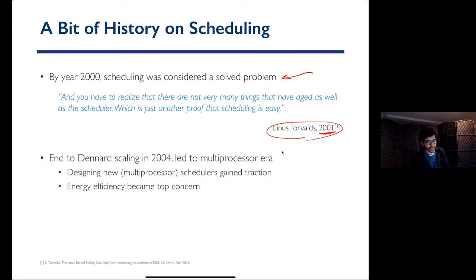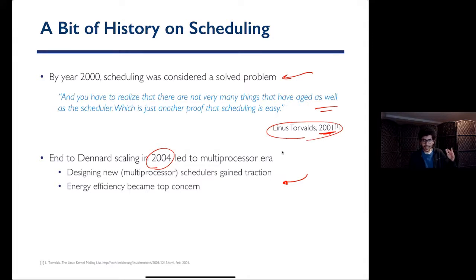But around this time, he put in a statement saying, oh my God, scheduling is just done, we're done implementing it. When we started having multiple CPUs, he said that, sure, it's not that easy now, but it's still straightforward.